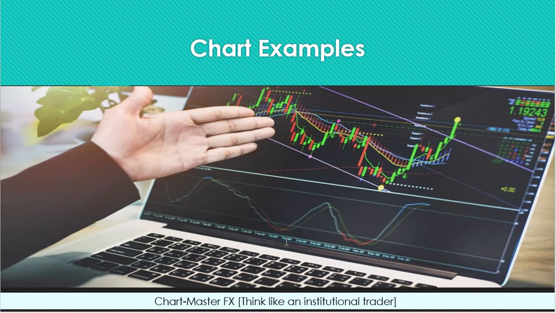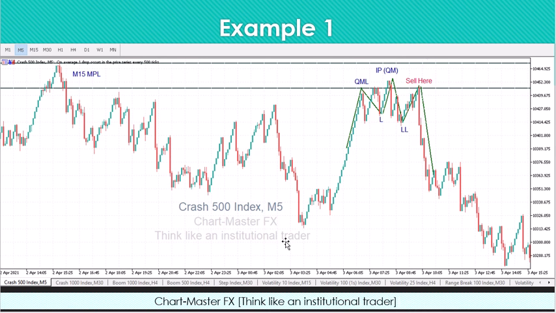So guys, now we are going to our chart examples. So this is example number 1, guys. We are on Crash 500 Index M5. So here, guys, the first thing that you need to do, let's say you trade your M5, you check in the M15.